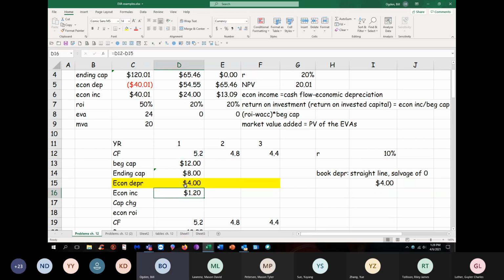All right, now there's a little different method for calculating EVA, and I could show you mathematically that this is all the same as what we did above, but let me just show you how it works. There's something called a capital charge. The capital charge is the beginning of period capital times the WACC. Okay, and WACC is also your R, isn't it?